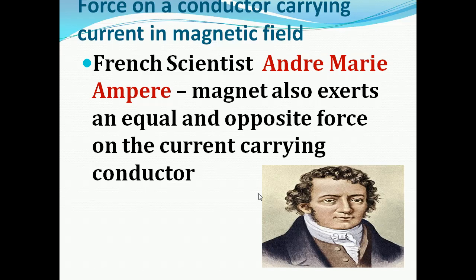We have learned that electric current flowing through a conductor produces a magnetic field, isn't it? So the electric current flowing through a conductor produces what? Magnetic field.